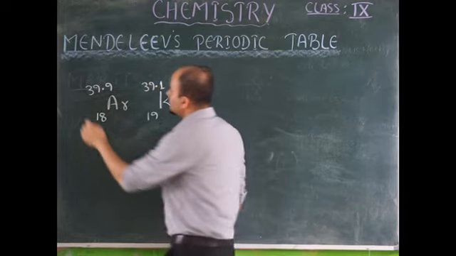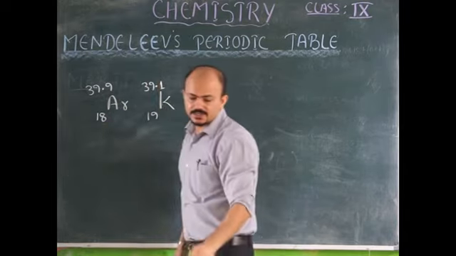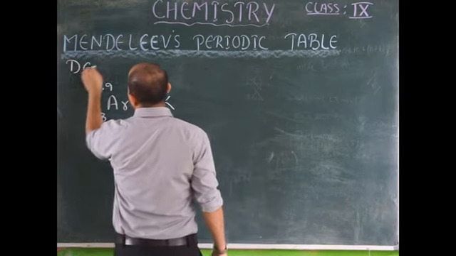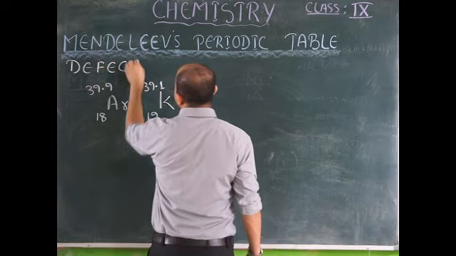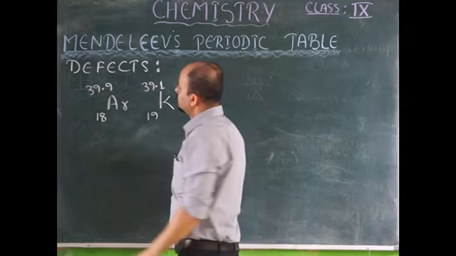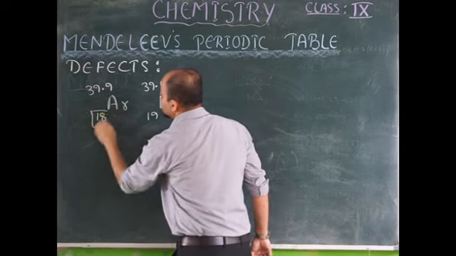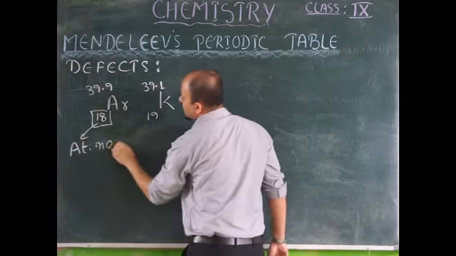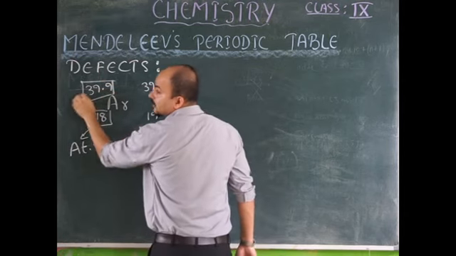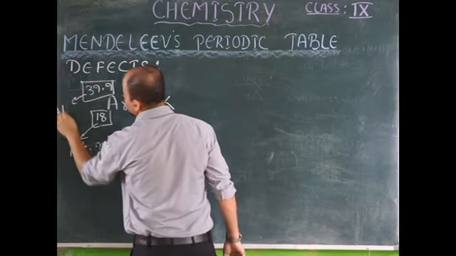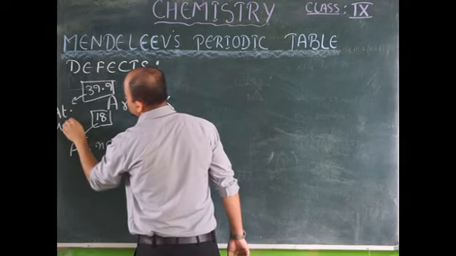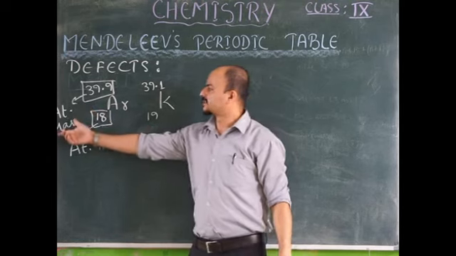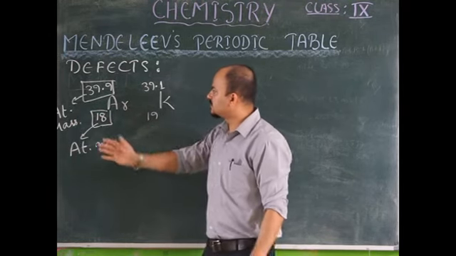So we are discussing the demerits, the defects in Mendeleev's periodic table. So since Mendeleev talked about atomic masses, now you can look at it clearly.